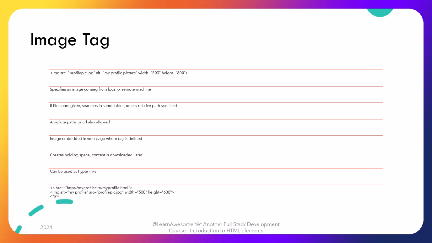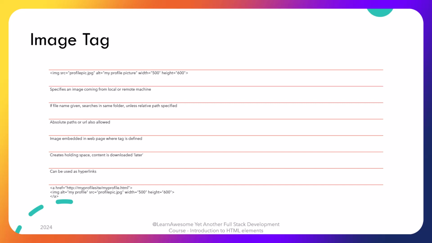Images are worth 1,000 words, or other elements, you can say. The wonder tag image or img lets you specify an image which can either be loaded locally or from a URL. You have an example provided on this slide. Here the browser would try to show an image from file profilepic.jpg placed alongside the HTML file in the same folder.